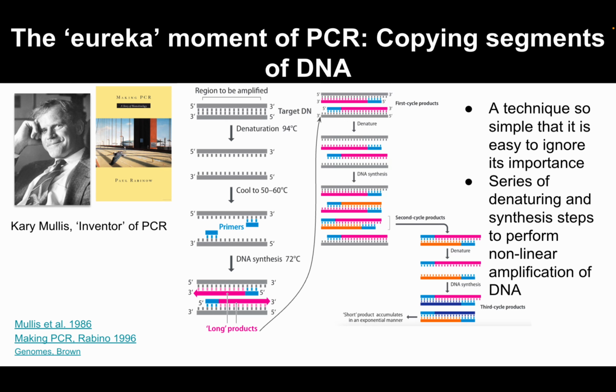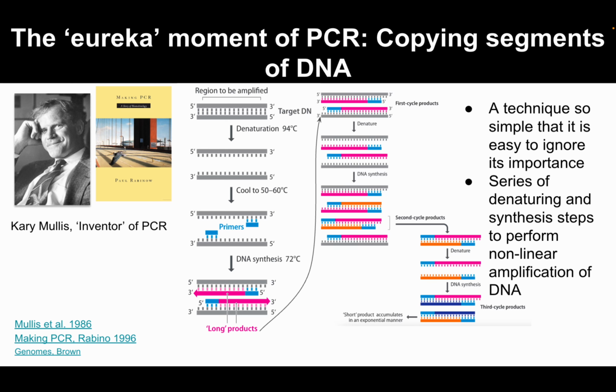These are what you added to the reaction chamber. You will do one more round, and again these will split, and again the synthesis will happen, because you again have primers and nucleotides. The polymerase will again extend it, and it will keep happening. So from 1 you go to 2, from 2 to 4, from 4 to 16, from 16 to 16 squared, and so on. So it's exponential amplification in that sense.